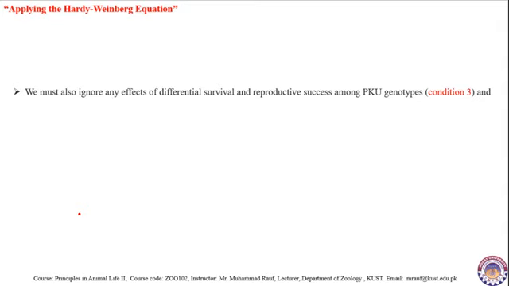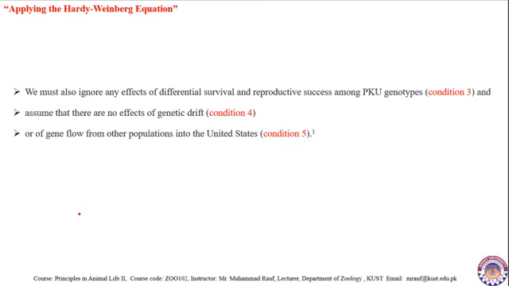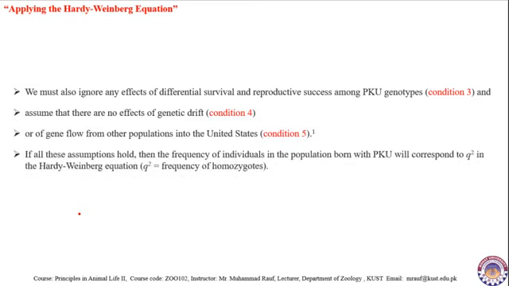Means the natural selection should not favor specific individuals affected with this condition. The fourth one is the population size should be large, because only then the genetic drift will have negligible effects. And the fifth one was there should be no migration, no gene flow.